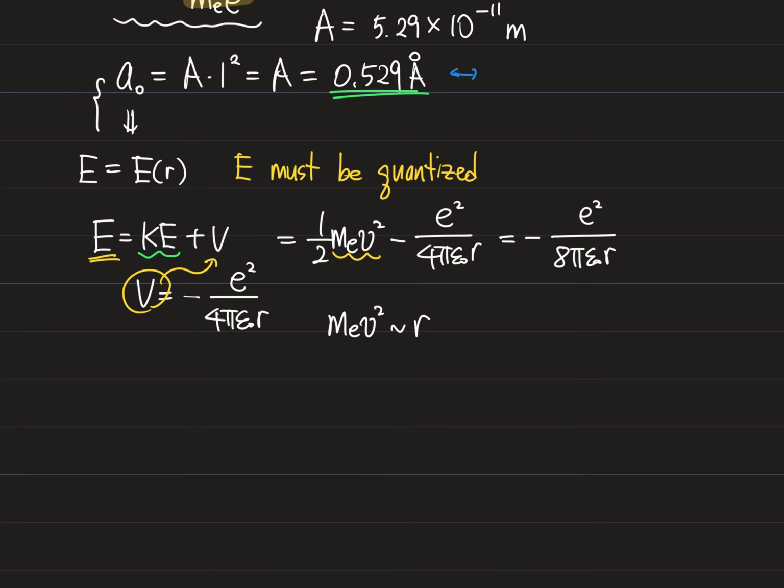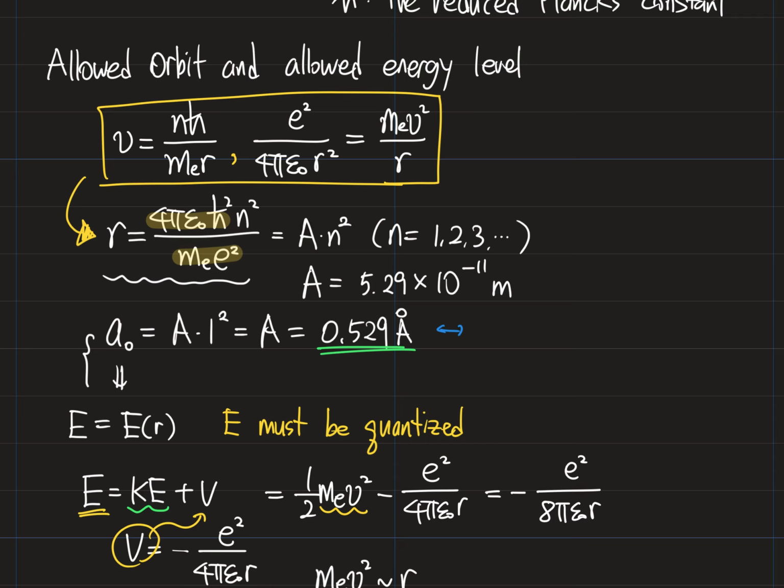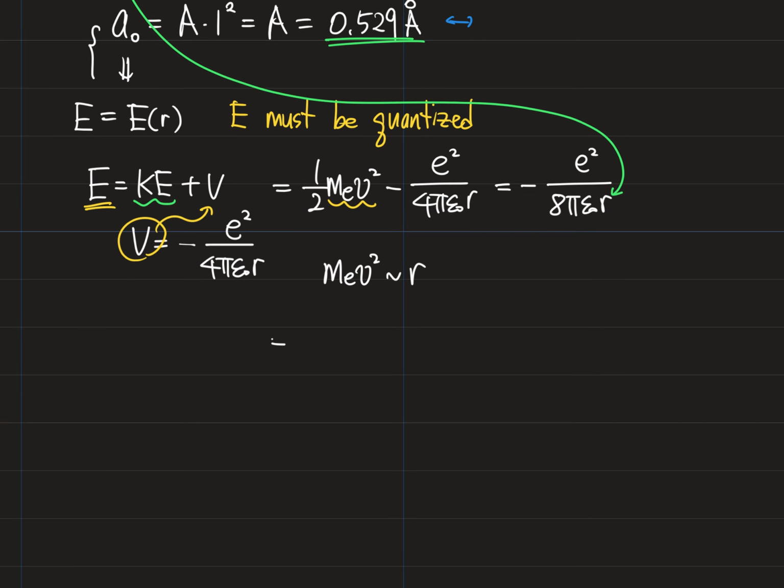And in the previous discussion, we expressed the radii with some constant multiplied by a quantum number. So let's plug this expression in here. That will give you some expression like this.